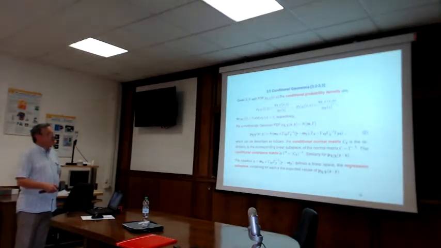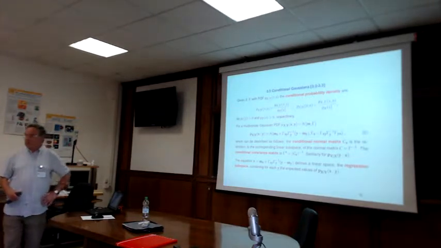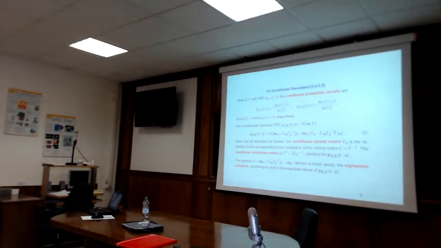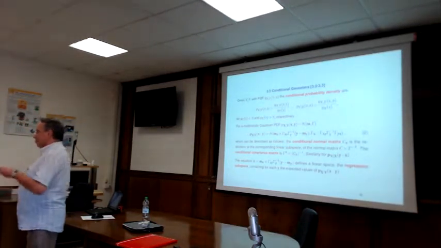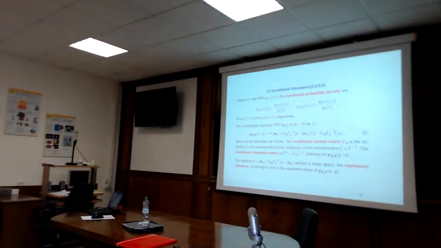However, the formula is simple if you look at the normal matrix. The normal matrix is the restriction to the corresponding subspace of the normal matrix. And then gamma x can be computed as the inverse. Okay? So there is a kind of duality. For conditional, you keep the normal matrix. For marginal, you keep the covariance matrix. Okay?